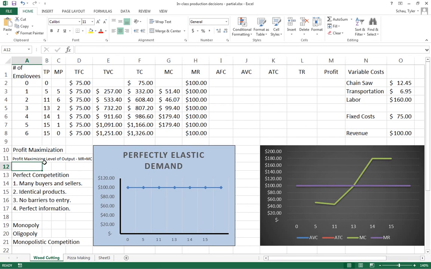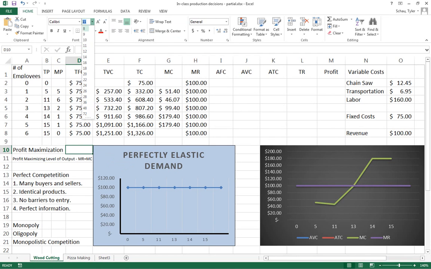This is like the golden rule of economics right here. This is probably one of the most important rules we learn in all of economics. We're going to produce at the level where marginal revenue equals marginal cost.